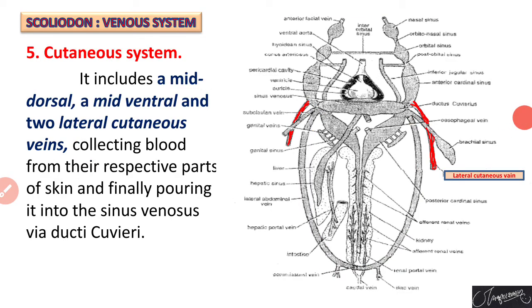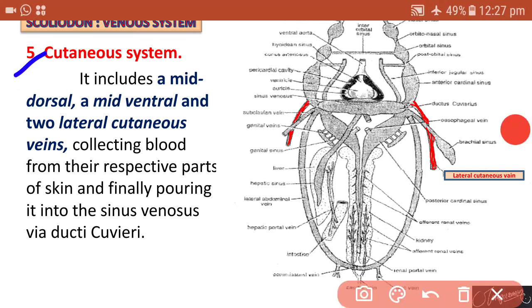Now, about the last part of the venous system of the Scoliodon, the cutaneous system. This cutaneous system collects blood from the respective parts of the skin and finally opens into the sinus venosus via the ductus cuvieri.